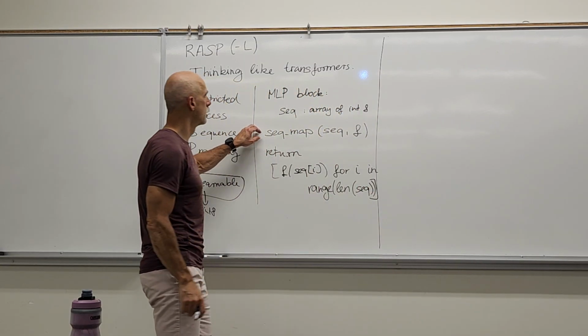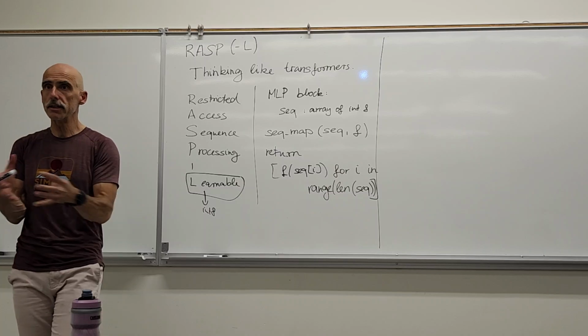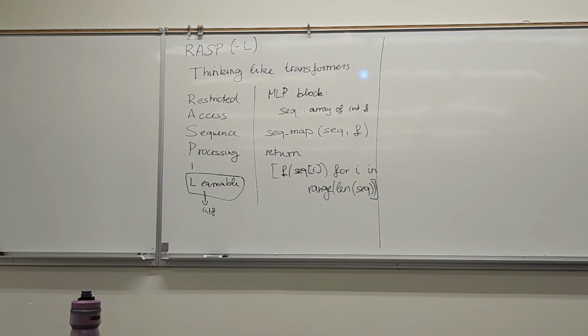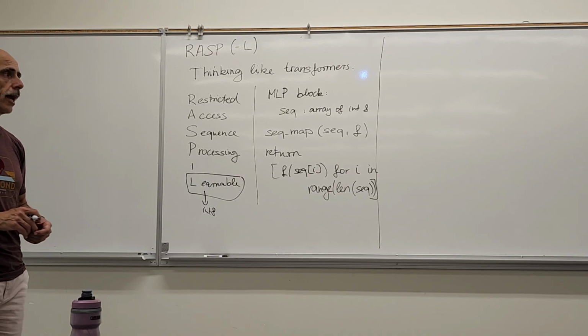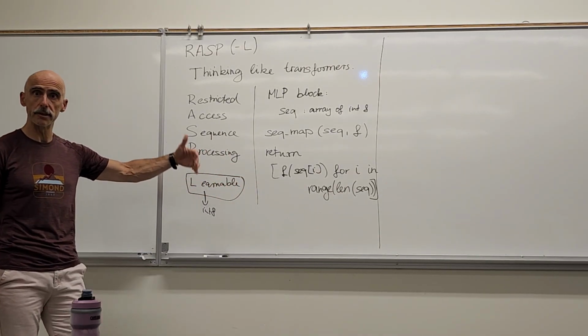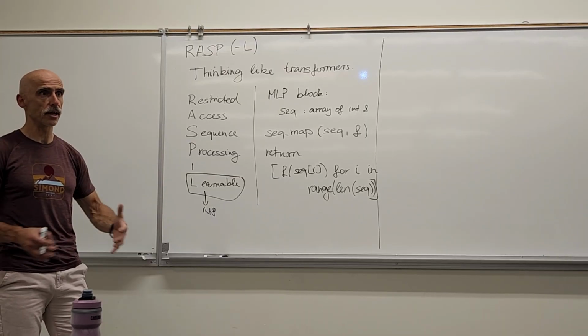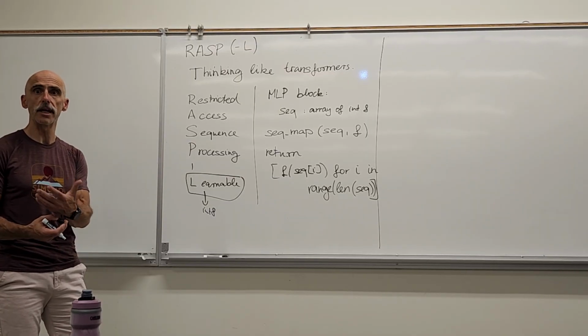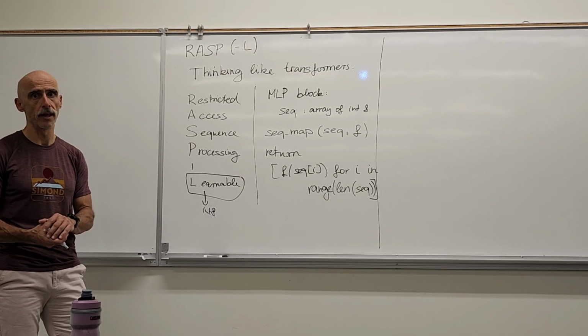Notice that this function is of a good type that doesn't change as you change the length of the sequence. Any sequence length can be processed. That was what was important with transformers, this uniform kind of processing. That's going to be a key element of everything that we do.